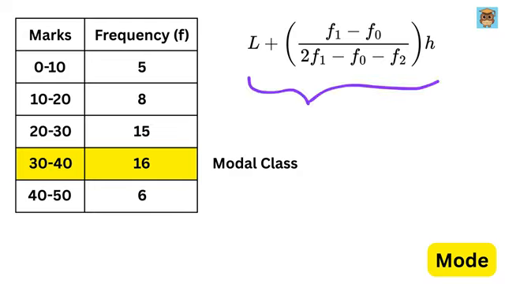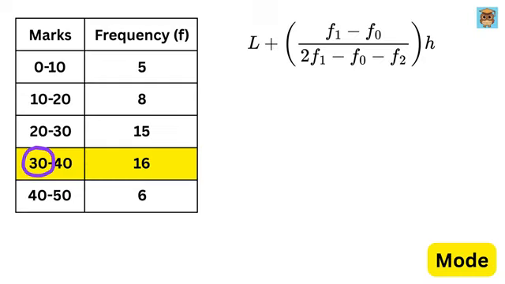Now, let's break down and substitute the values for each part of the formula. The lower boundary of the modal class, or this L value, is 30. This is because the modal class is 30 to 40, and thus the lower boundary is 30. The frequency of this modal class, which is this F1, is 16.